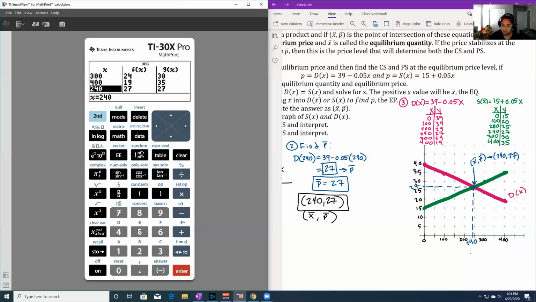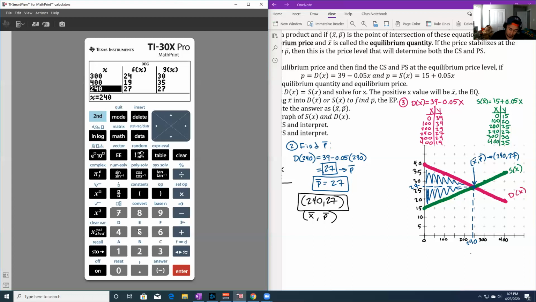Okay. And labeling stuff still. This is s of x. And let's see. All of this is the area we're trying to find. So d of x is for consumer surplus.